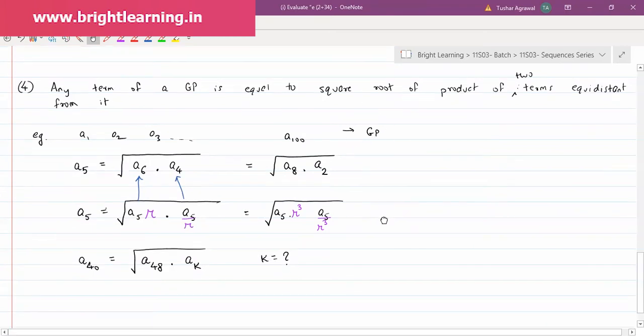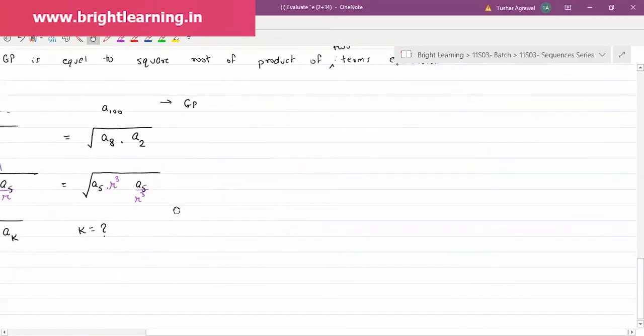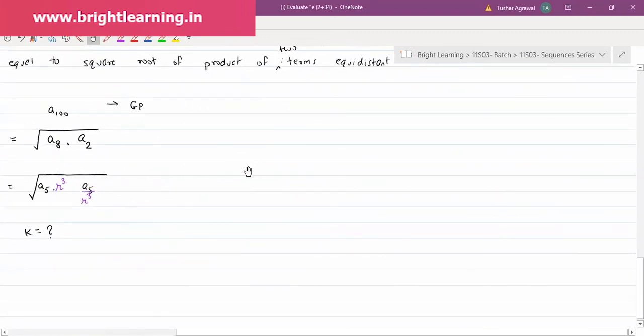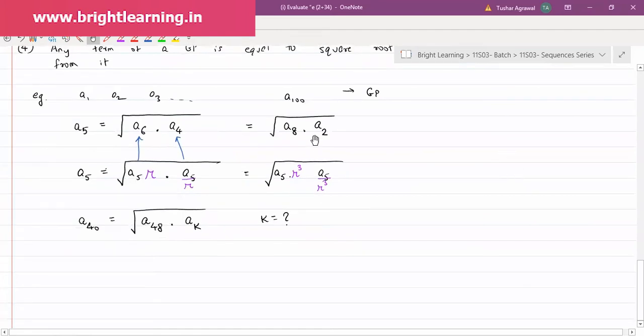See, any term of a GP is equal to the square root of... so A1, A2, A3, A4, A5, up to A100, this sequence I have considered as a geometric progression. So any term you want to calculate, my claim is, first I will tell you the property and then I will explain it. Let's say you want to calculate the 10th term.